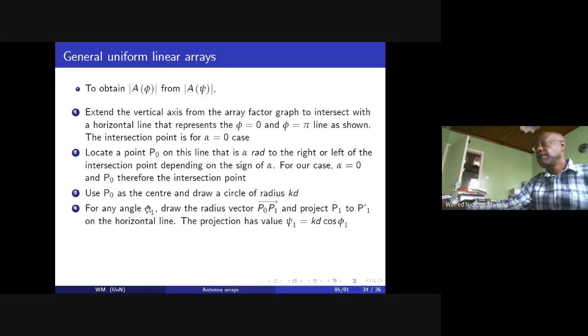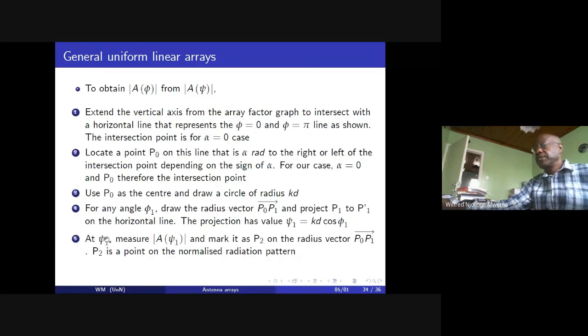And for any angle phi 1, we can therefore draw the radius vector P0P1 and project P1 to P1 prime on the horizontal axis. That is, you draw a radius with the vector P0P1, and then you project it down, and the projection will have a value of psi 1 equal to kd multiplied by the cosine of phi 1.